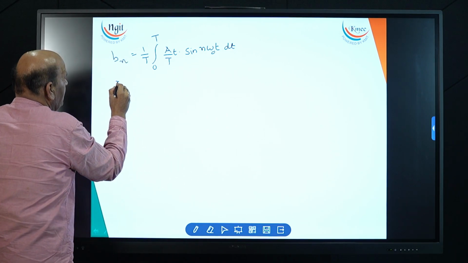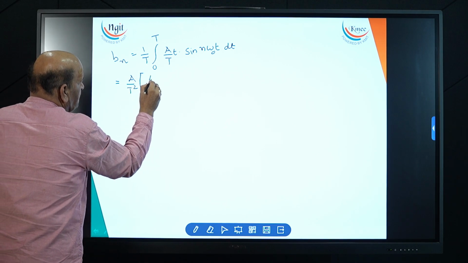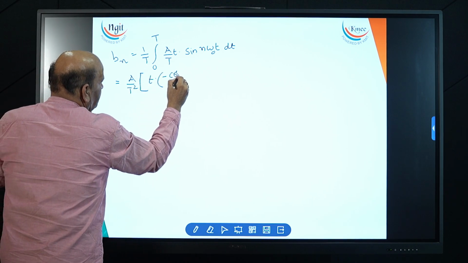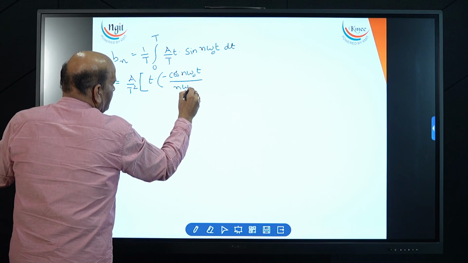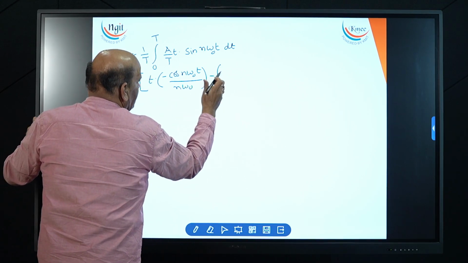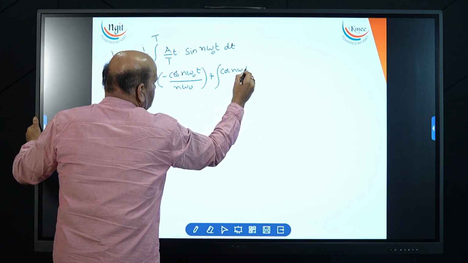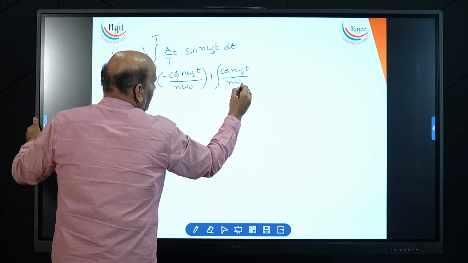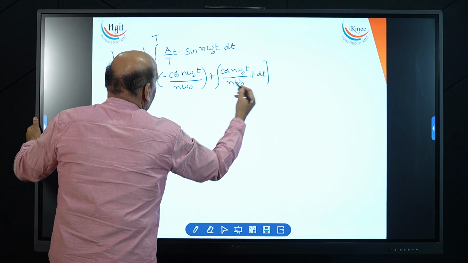Now its value equal to A by T square. Now T into integral sine is minus cos n omega naught t by constant n omega naught, minus integral. Take this part as it is, plus here it will become cos n omega naught t by n omega naught, differentiation of t is 1 into dt, by uv method.